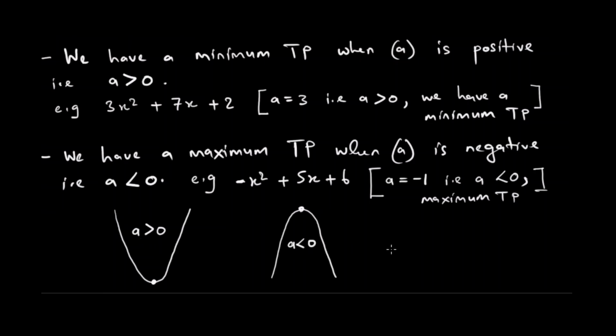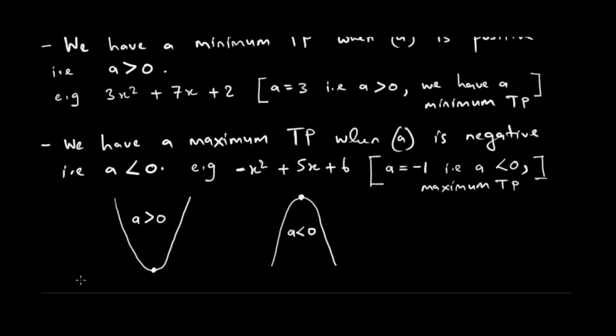Cherechedzai kamusiyano kari kuitika pano kuti tine minimum turning point kana a wedu ari greater than 0, tine maximum turning point kana a wedu are less than 0. So we can actually put panapa kuti this is a minimum turning point and this is a maximum turning point, just like that.